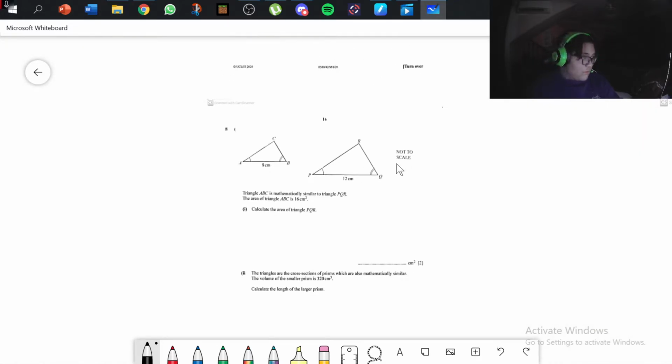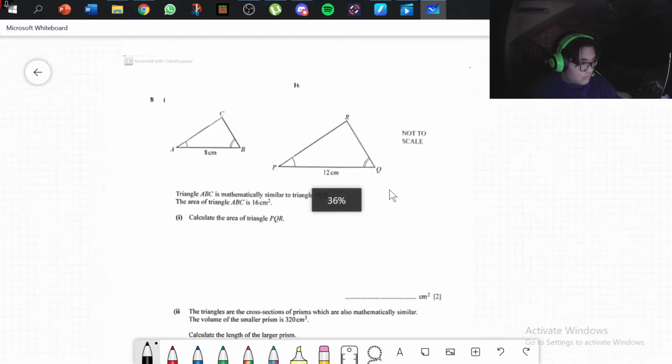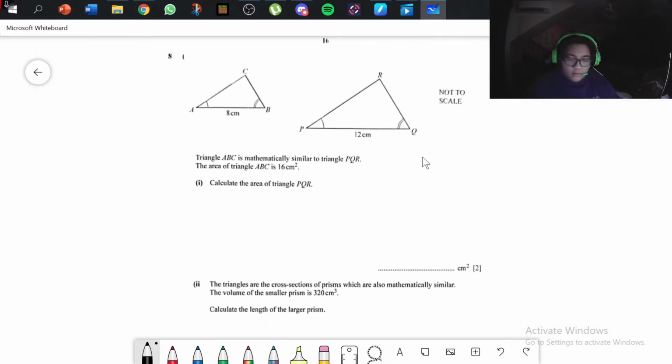Now after that, we tackle question number 8. Just going to find the scale factor, which is this over this. So the big one over the small one, so we get 3 over 2. And then the area scale factor, which is 3 over 2 squared.